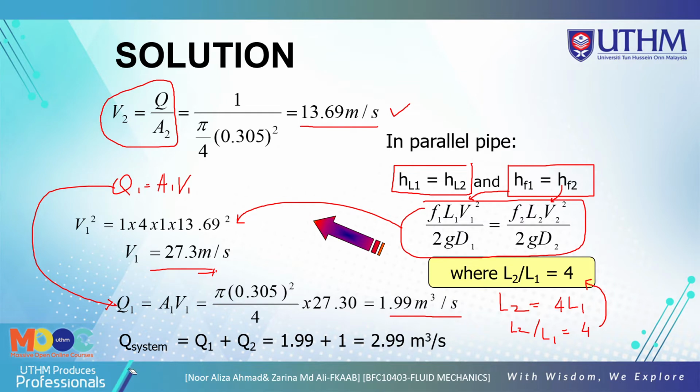And then you get the total Q is 2.99 meter cubic per second. So you get the value of this.